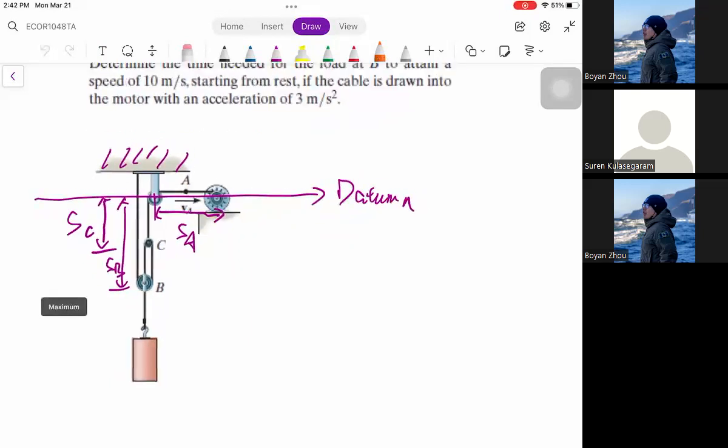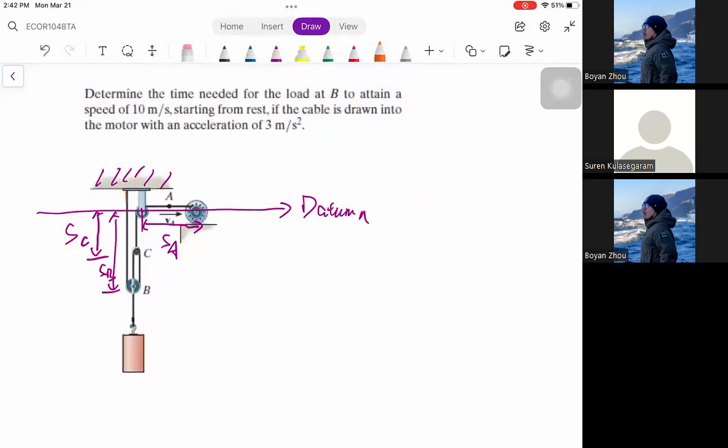In this system, we can count there's one cable, or one rope, in the orange color here. Here's our first rope or cable, and the red here is the next one.